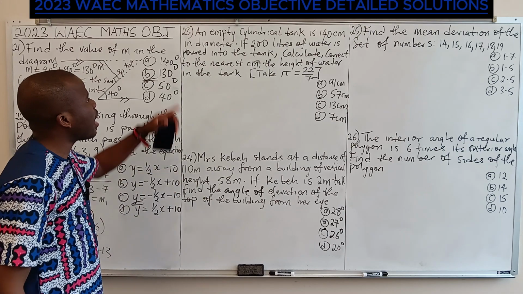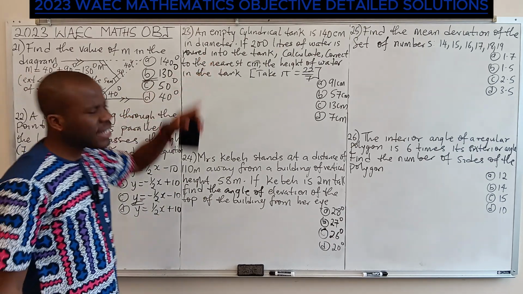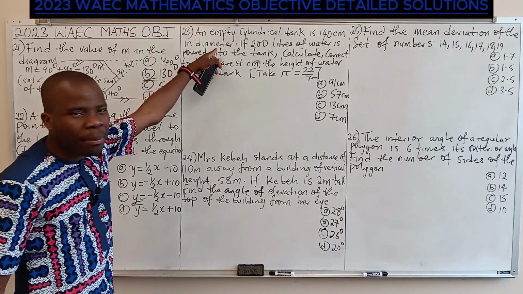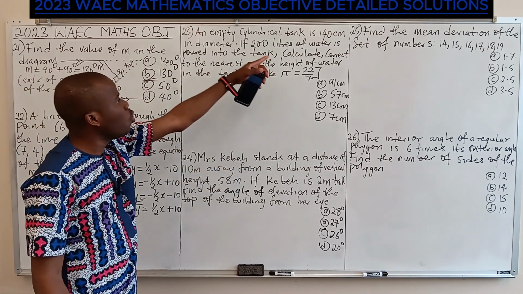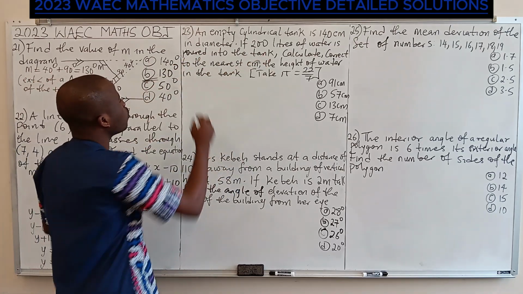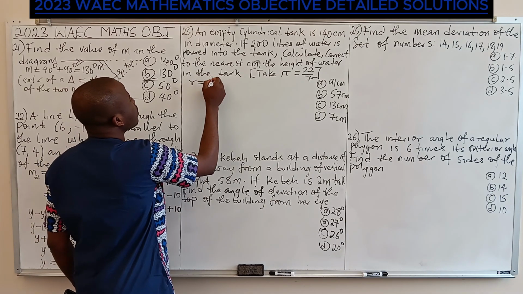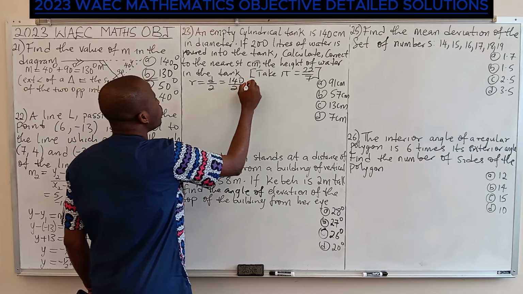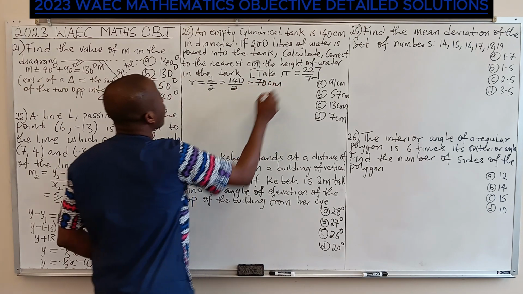23 says an empty cylindrical tank is 140 cm in diameter. The first thing you would like to do is to convert this diameter to radius. So radius is diameter over 2, which is 140 over 2, which is 70 cm.